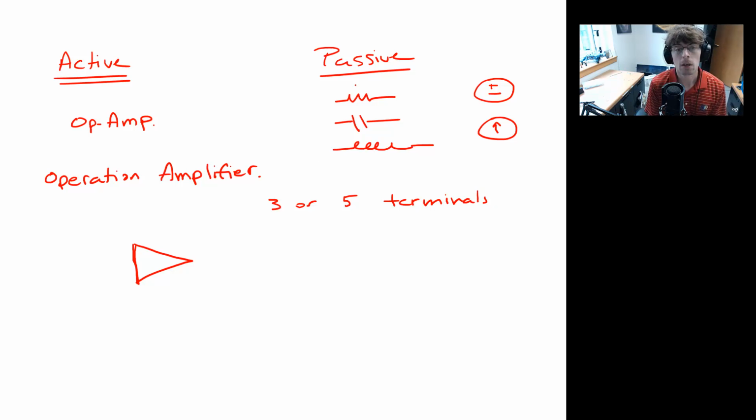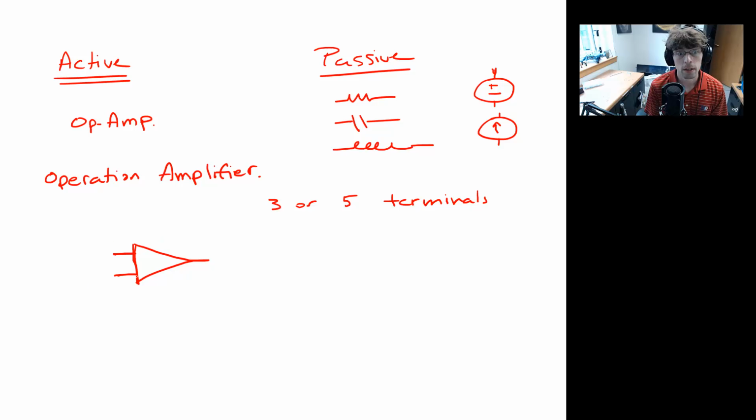Okay. So the elements that we've dealt with so far have all been 2-terminal elements. In other words, there's one connection on either side, and that's it. Your operational amplifier is different. It will have 3 terminals, 2 on the long side of the triangle and 1 on the apex.